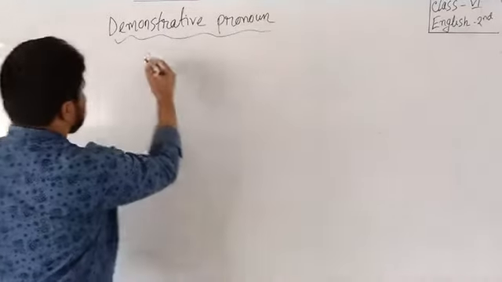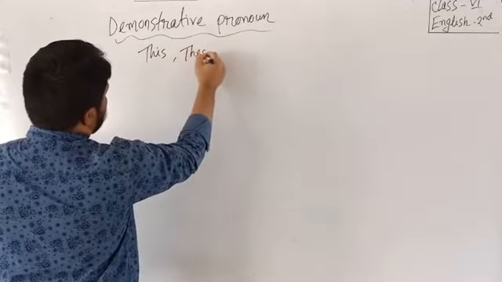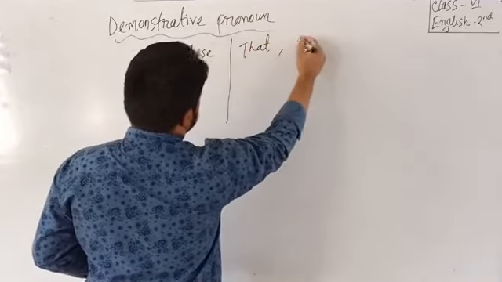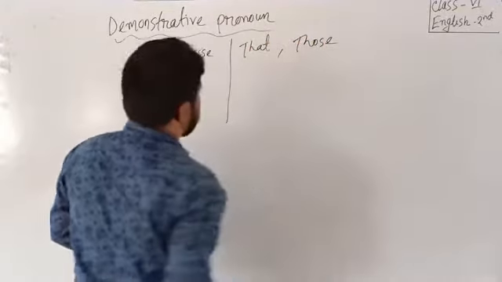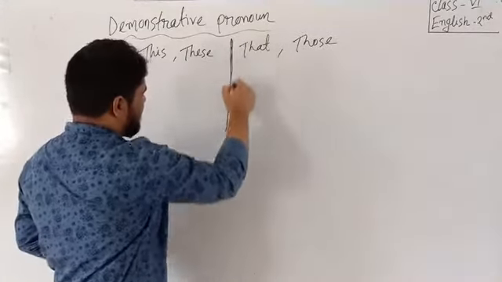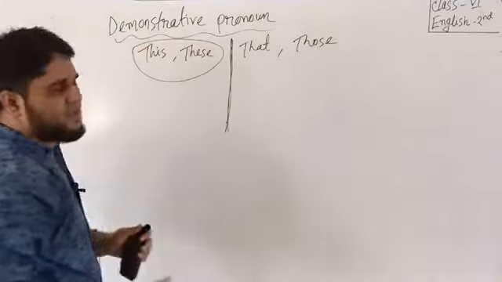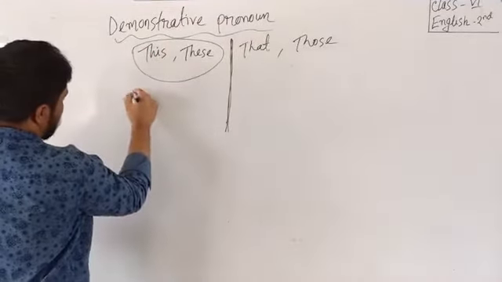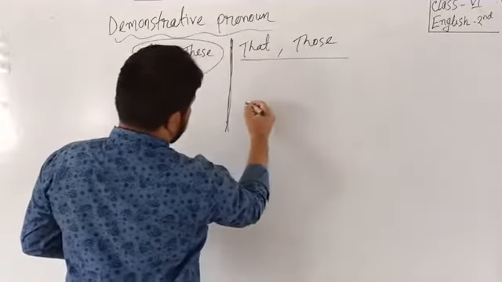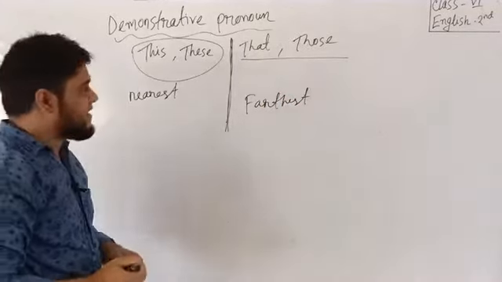For example, this, and again this, that, those. I have marked a divide here because these two words express nearest things, and these words express or indicate farthest things.